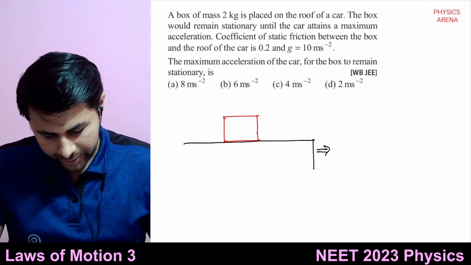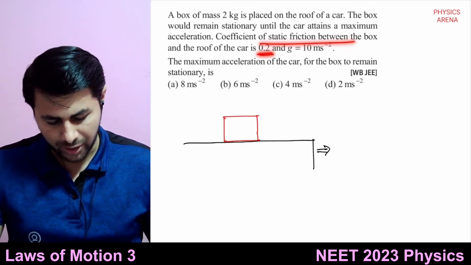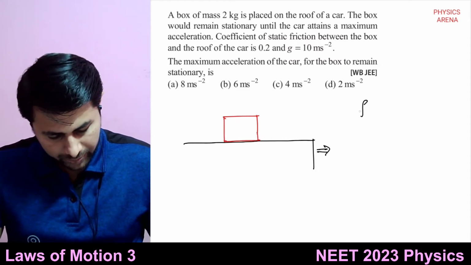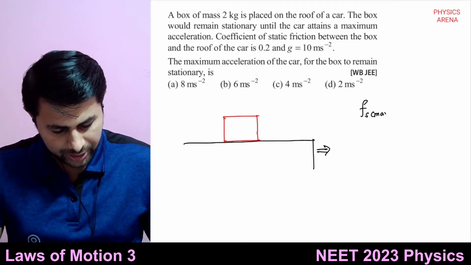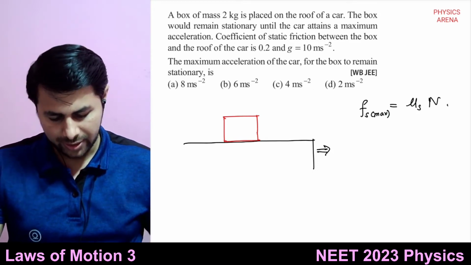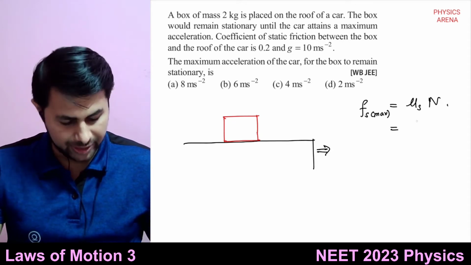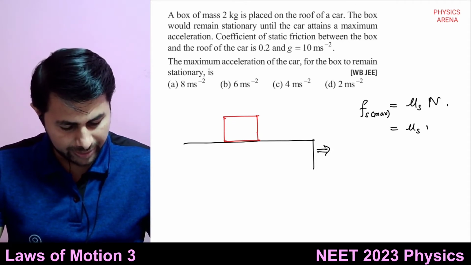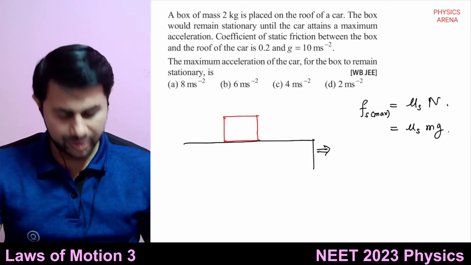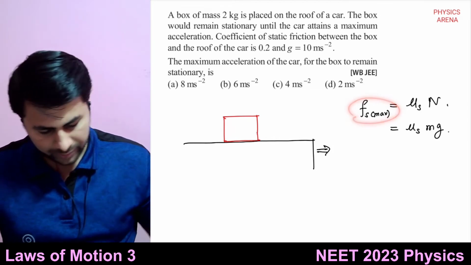The frictional force we can find out. The coefficient of static friction is given. It is 0.2. So the maximum frictional force is mu s multiplied by normal reaction. Because this is a horizontal surface, normal reaction is mg. So mu s multiplied by mg. The external force should be greater than or equal to this frictional force.